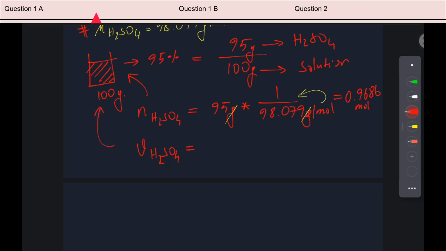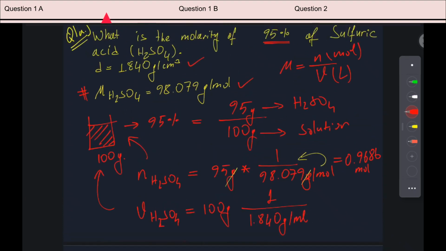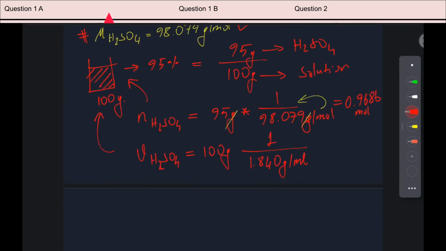And I have to calculate the volume of the solution. I know I have 100 gram of the solution, and I know its density, which is 1.840 gram per milliliter or gram per centimeter cube. Centimeter cube equals milliliter, so there is no issue here. I know that 1 liter equals 1000 milliliter, and I want to answer in terms of liter.